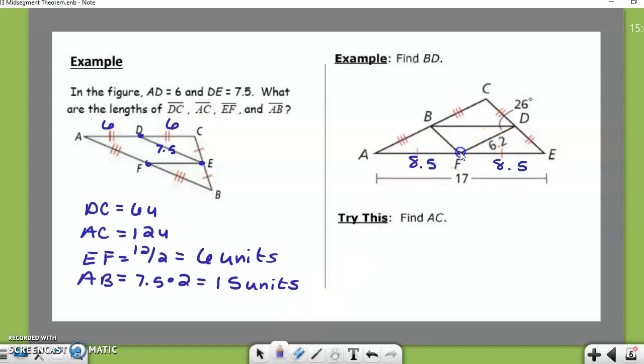So yes, this has to be 6.2. So then AC is going to be 6.2 times 2, which equals 12.4 units. Now up here it says to find BD. So I'm just looking from here to here. That's going to be half of our 17. So BD would equal 8.5 units.